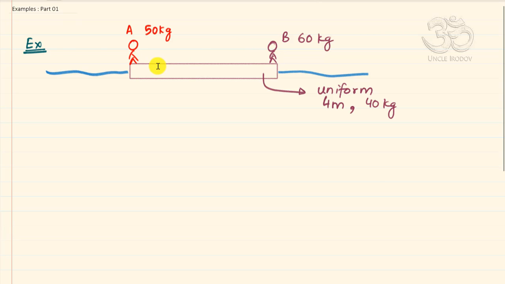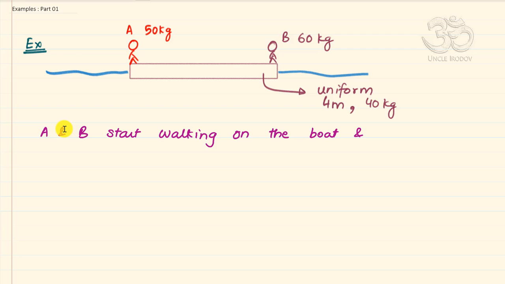Now, these two people who are initially standing at two different ends of the boat want to talk about something. So they start walking towards the center, and they meet at the center of the boat. So A and B start walking on the boat and meet at the center.